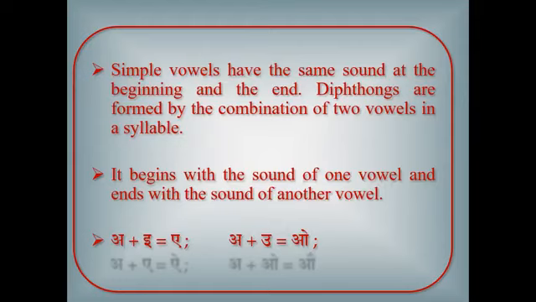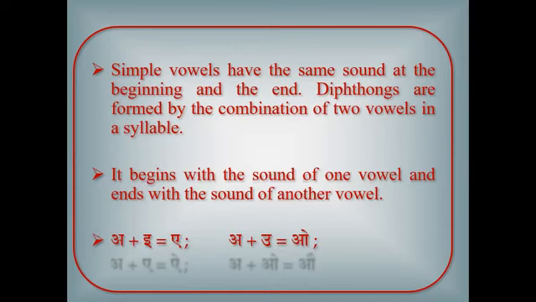It is not constant throughout the time of pronunciation, beginning at one place and ending at another. Therefore, it is called a conjunct vowel. For example, A is a combination of the sound produced from the throat, which is A, and ending with the sound produced from the palate, which is E.